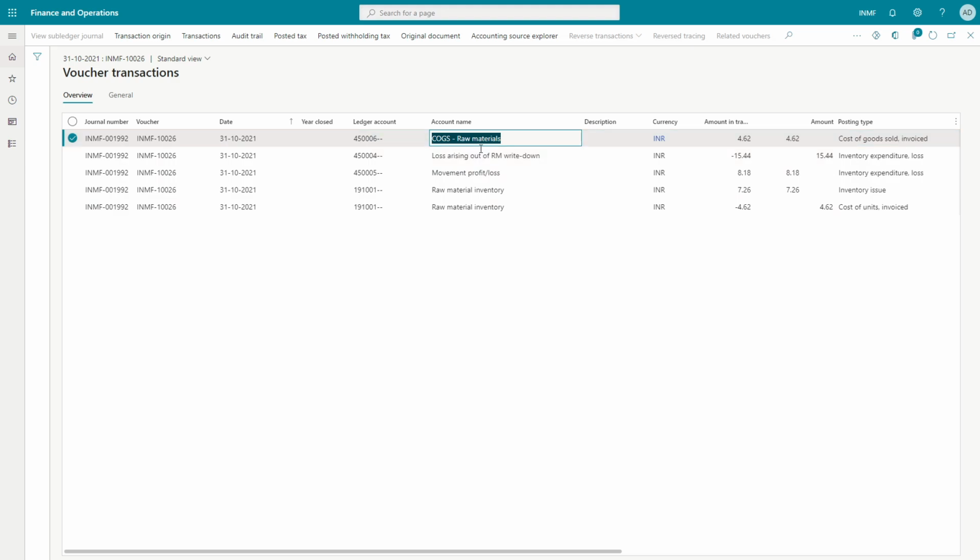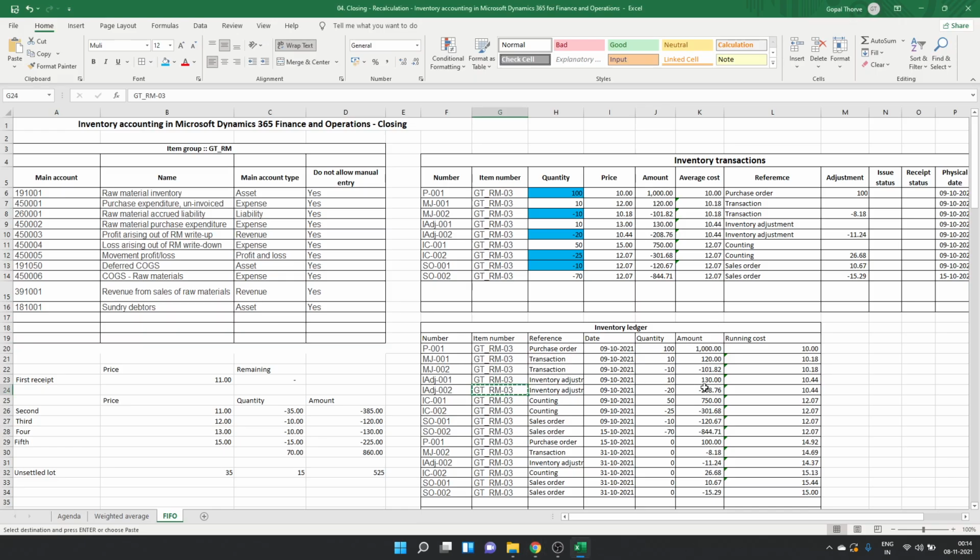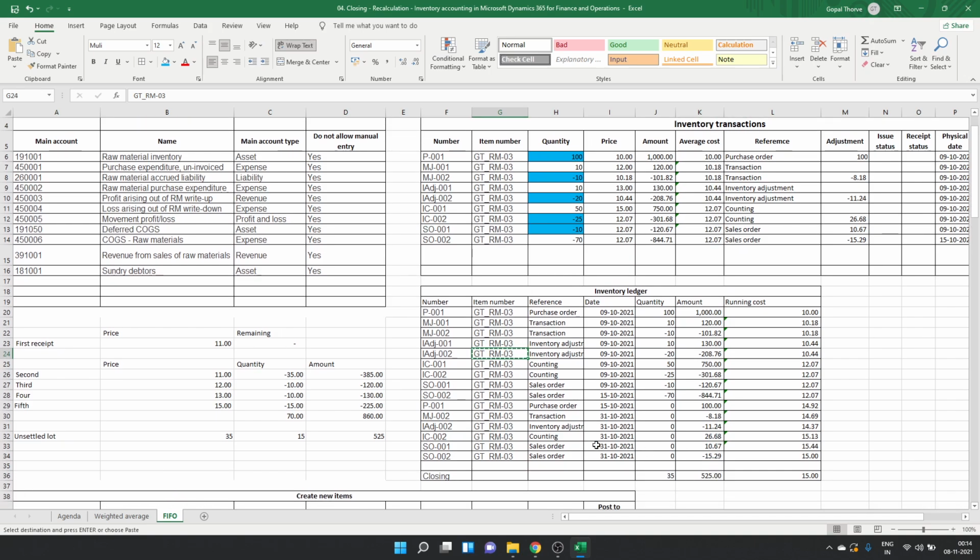So if you see, COGS raw materials is getting increased by 4.62. If we see these last two transactions, the difference is 4.62.